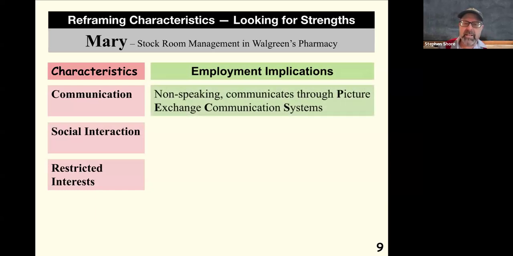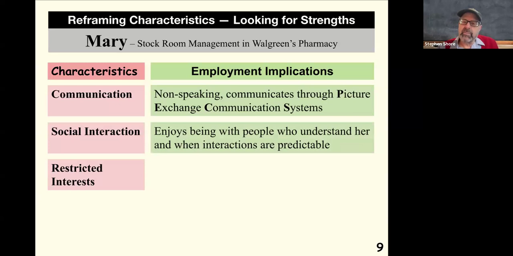Well, Mary doesn't speak. Well, not very much anyways, perhaps a few words. She communicates by pointing at pictures on an iPad. And that works for her. And you don't need to speak very much to place items, to match stock numbers and place items on a shelf. Social interaction. She enjoys people who understand her, and when interactions are predictable, this is another very predictable job.